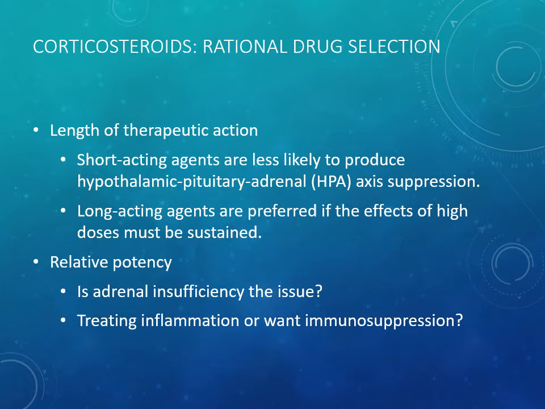And then long acting examples are betamethasone and dexamethasone. And they're preferred if the effects of high doses need to be sustained over a period of time. If the patient has adrenal insufficiency, you need to use one with mineralocorticoid activity, but not if inflammation or immunosuppression is needed.